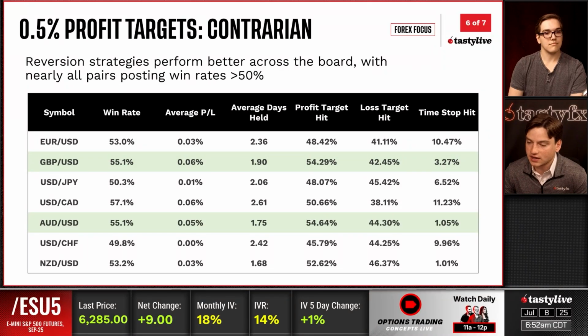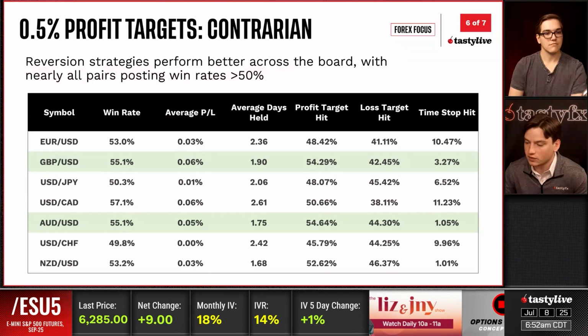But man, here you're seeing across the board win rates of above 50%, except for that dollar franc. And you're seeing that pound dollar and also that Australian dollar emerge as winners here, with nearly 55% frequency of profit target hits, and again those time stops really low.